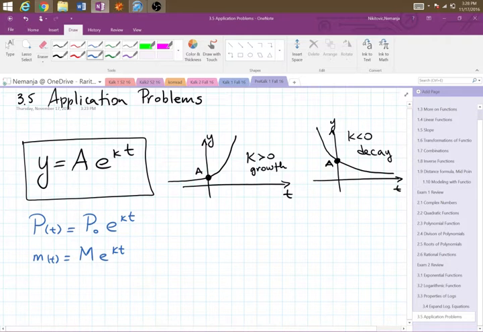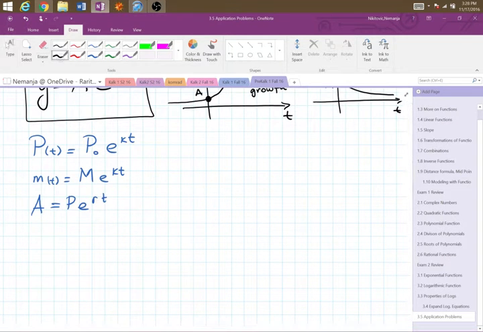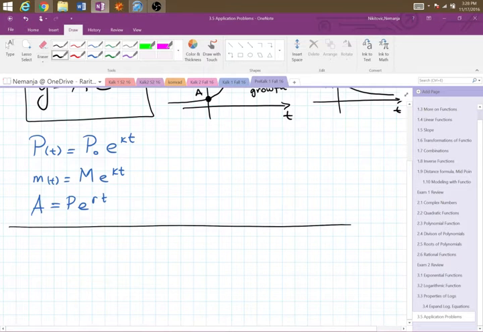We can talk about finances, where the amount is equal to principal times e to the rt, which is money. There are many applications of these exponential equations. So let's start with population. Get the depressing one out of the way first.